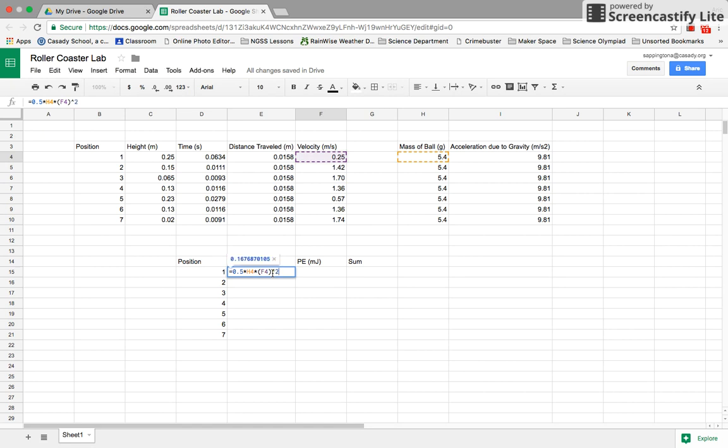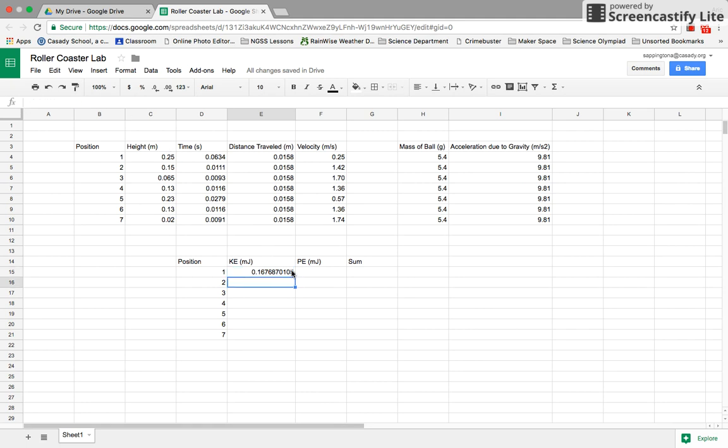And then 2 to square it. And now it has done the calculation, and I can hit enter. So when you look at this up here, it's 1/2 times the mass, which is 5.4 grams, times the velocity, which is 0.25, squared. And that's the calculation that it's doing.